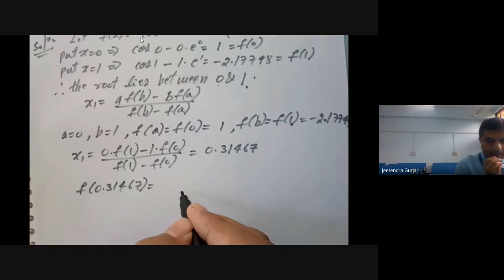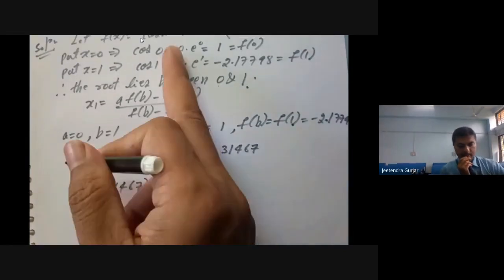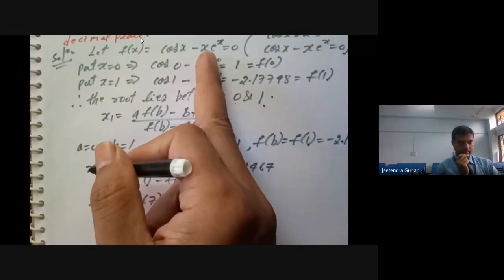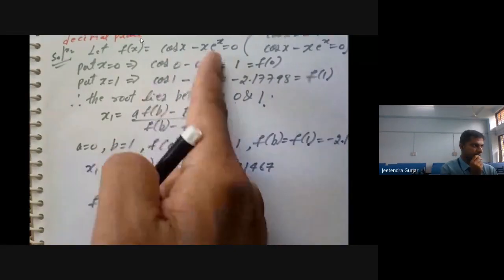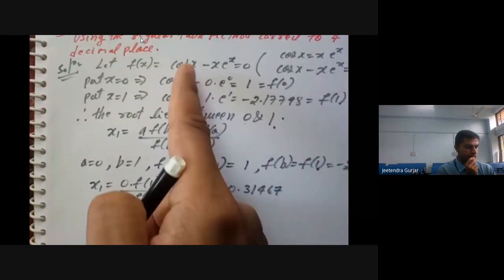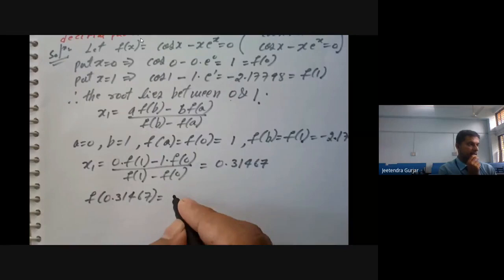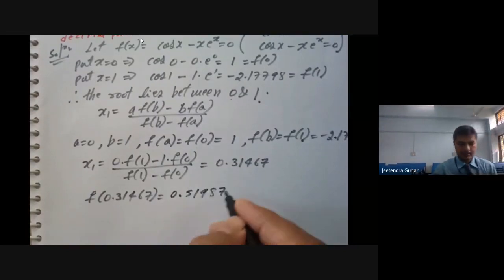So we get the value as, excellent, you have got the answer. Substitute in this value, just cos x minus x e raised to x is equal to 0. X value you have to change 0.31467. So we get the answer 0. Just wait a minute.